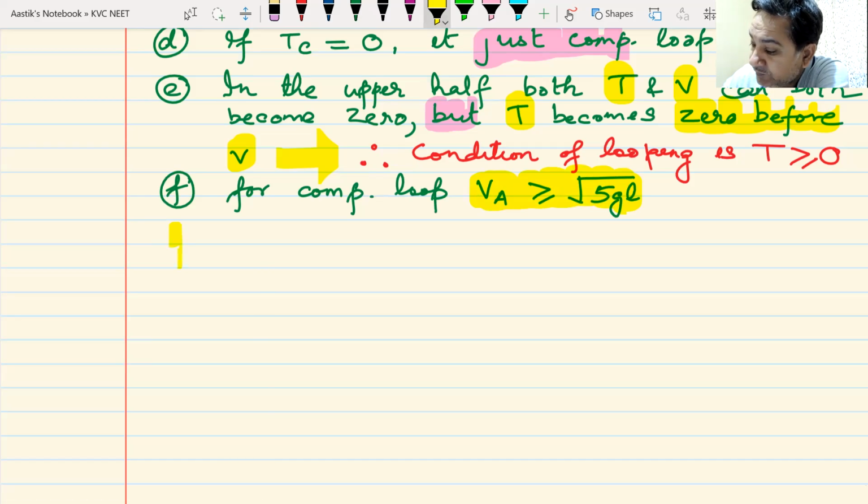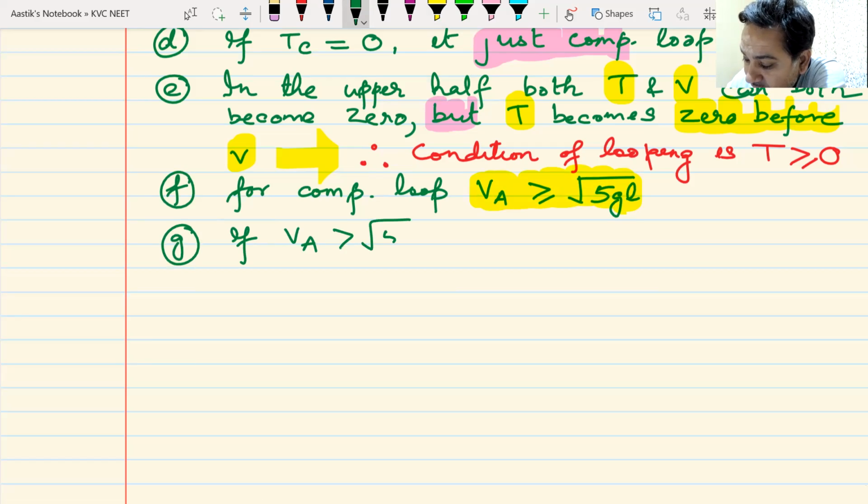Oops, wrong color again. The next point, if the speed at point A is greater than root 5 GL, it completes the loop easily.